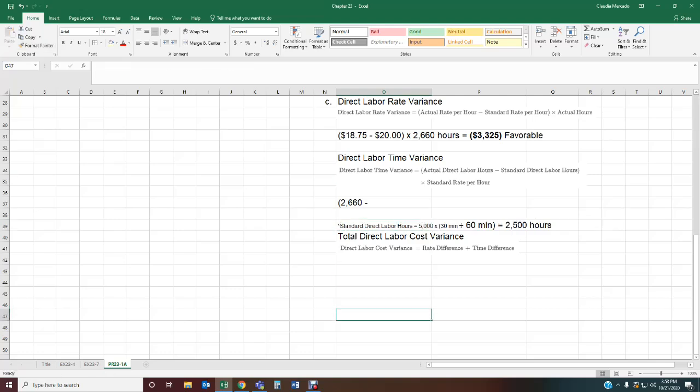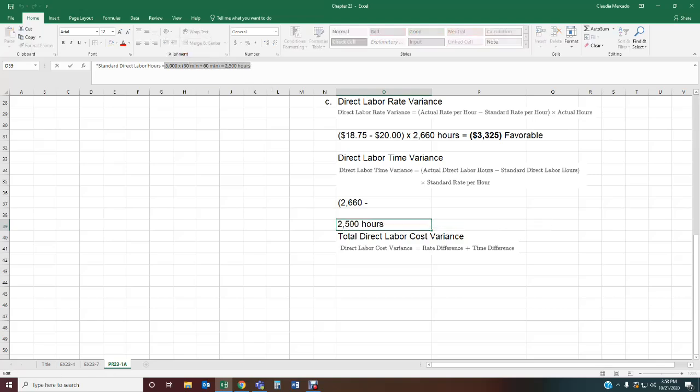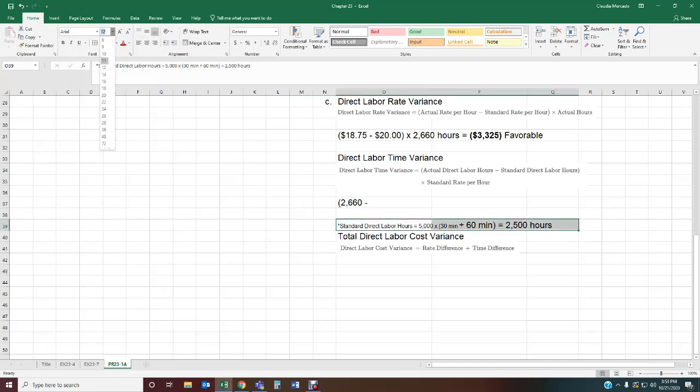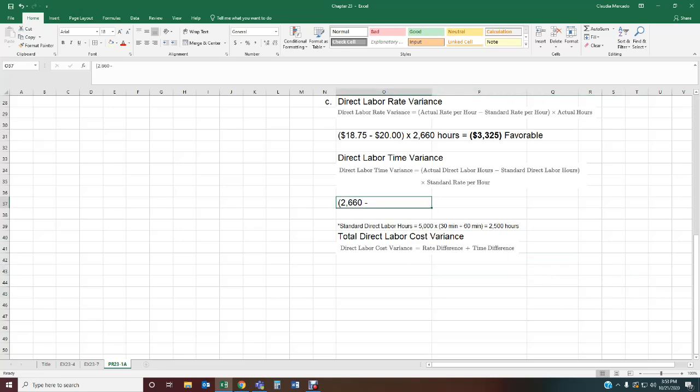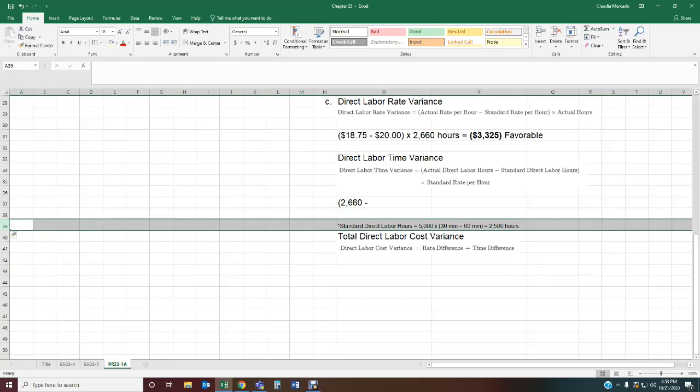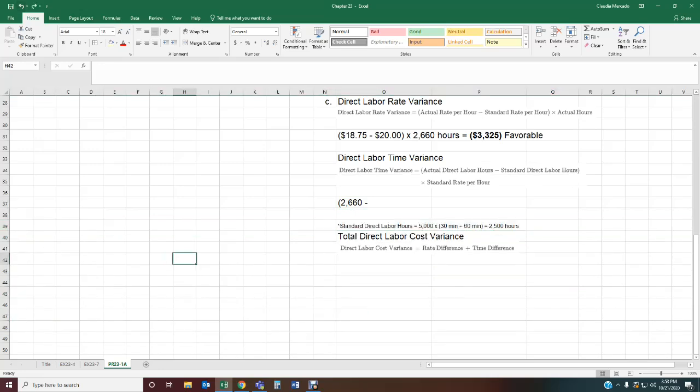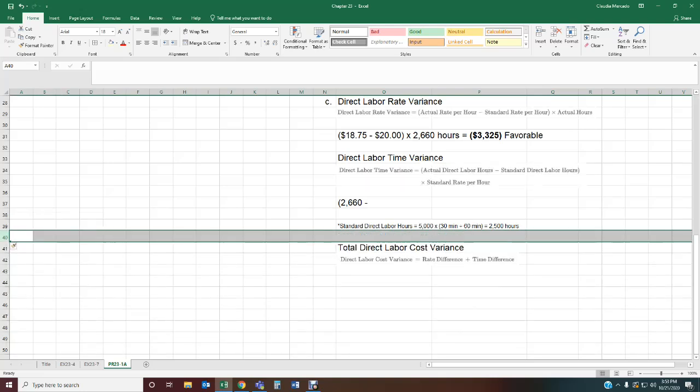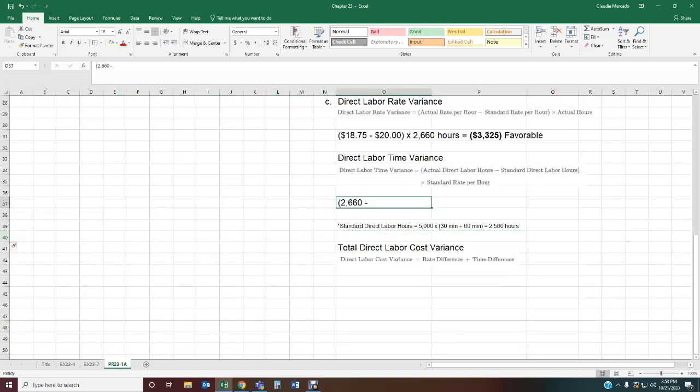Right here. So my standard direct labor hours, we just calculated them at 2,500 hours.